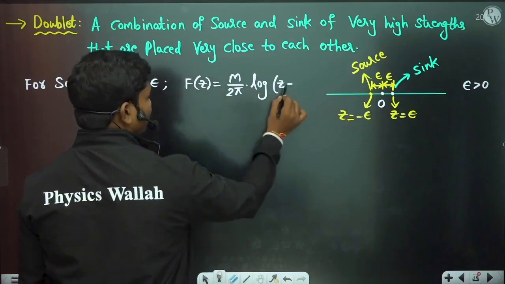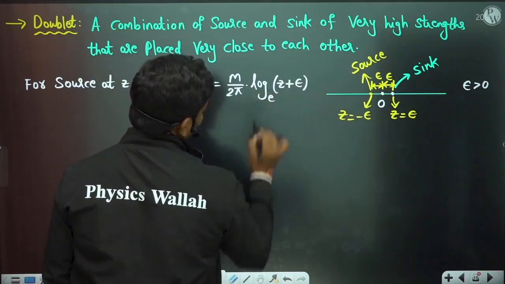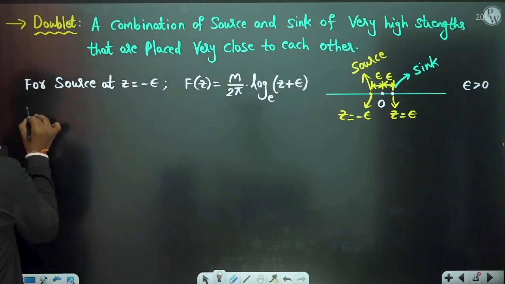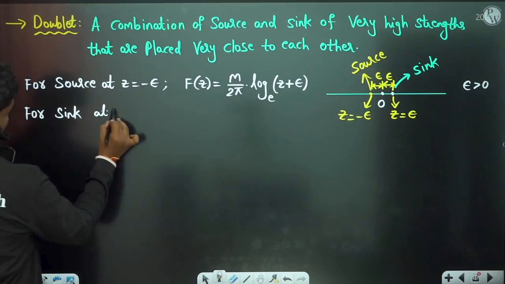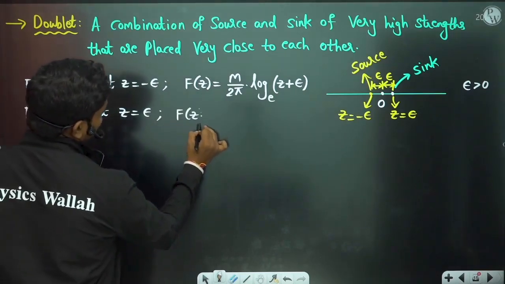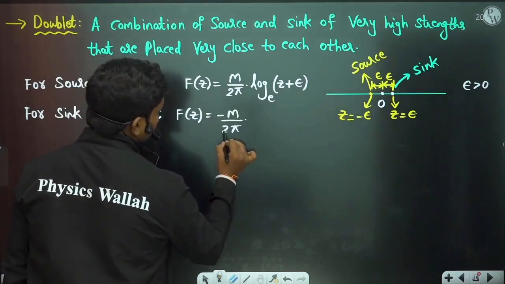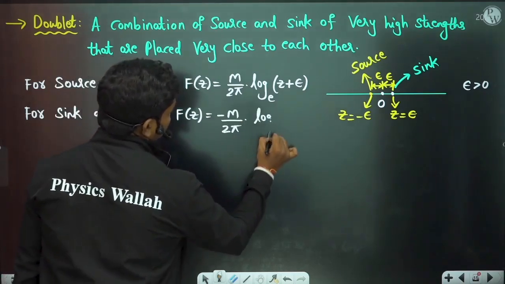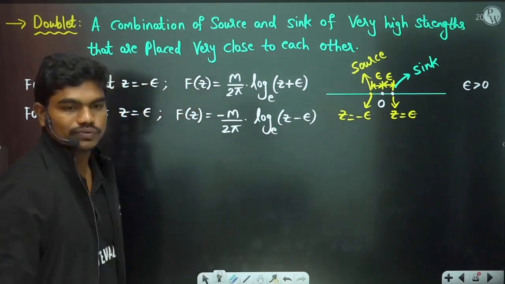So z minus of minus epsilon is z plus epsilon, log to the base e. Similarly, for a sink at z equal to epsilon, f of z is going to be minus m by 2 pi times log of z minus epsilon to the base e, correct?